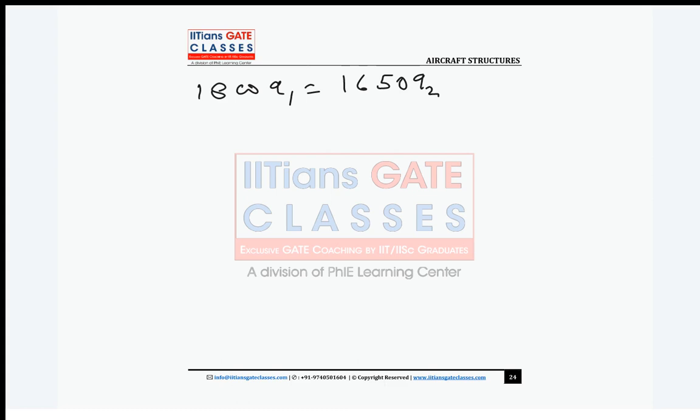So from here, what is your Q1? You can write Q2 in terms of Q1. So Q2 will be 1800 by 1650 into Q1. So guys, what do we get? 1800 by 1650 is how much? 1.09.